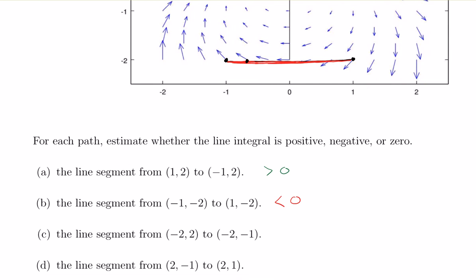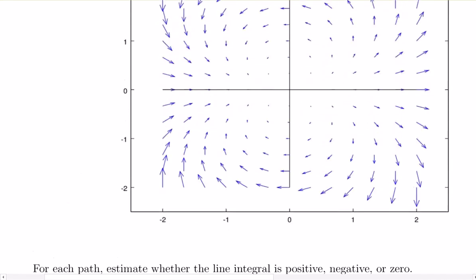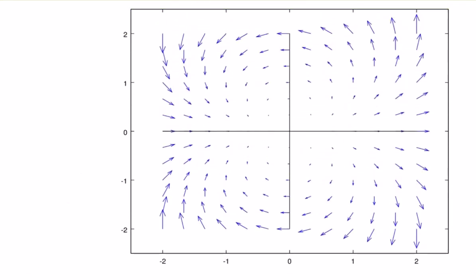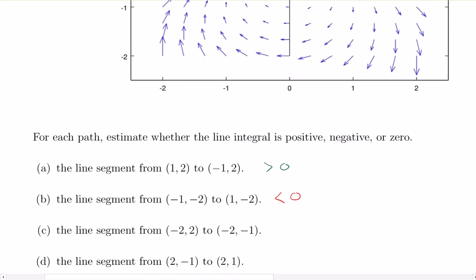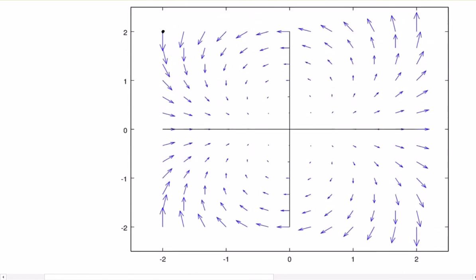Okay, let's look at part C. In part C, we go from (-2, 2). So that's all the way up here in the corner. To (-2, -1). So to here.